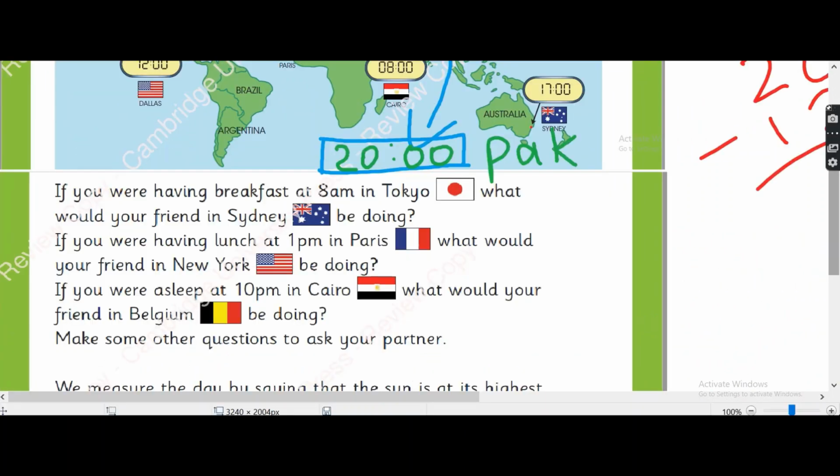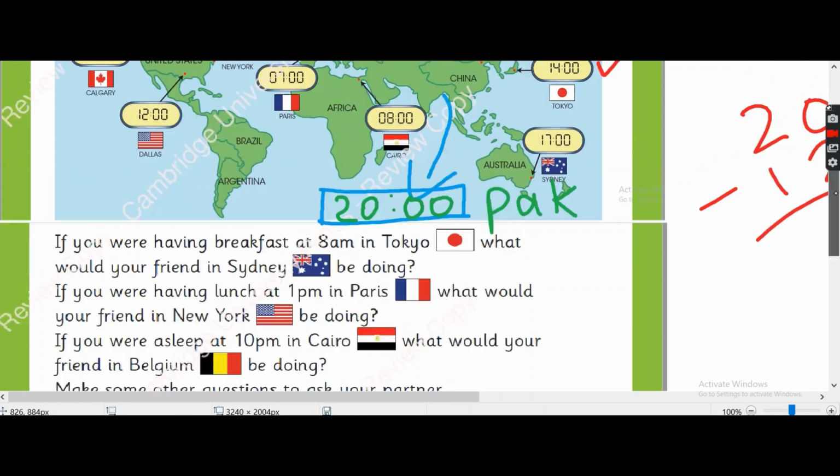ठीक है. If you were having breakfast at 8 a.m. in Tokyo, what would your friend in Sydney be doing? Here the time is written in AM and the time written on the map is in 24-hour clock.